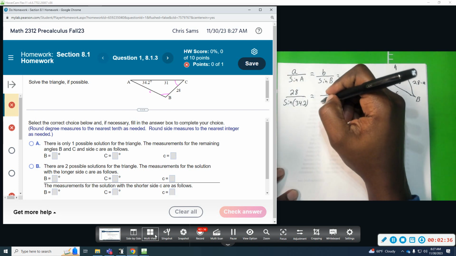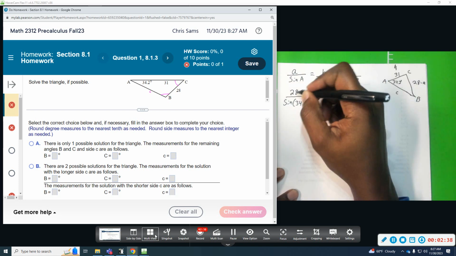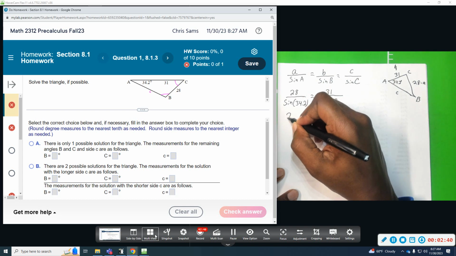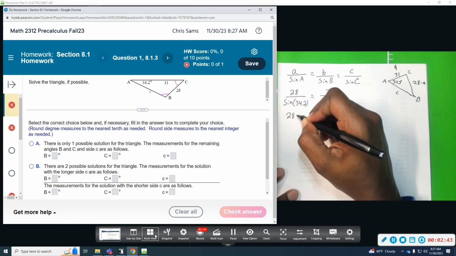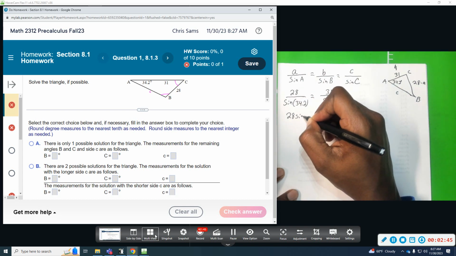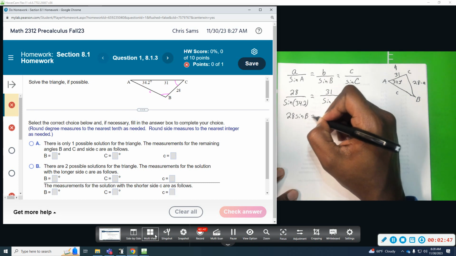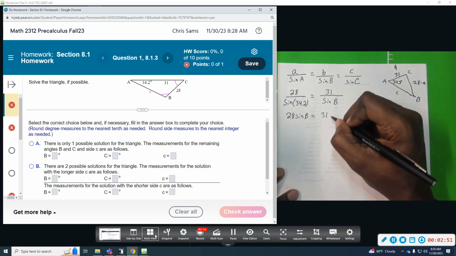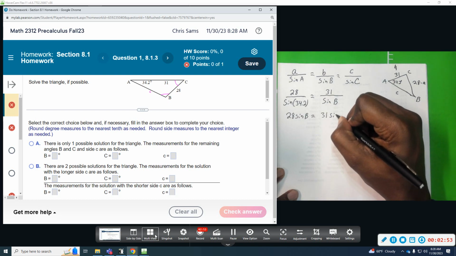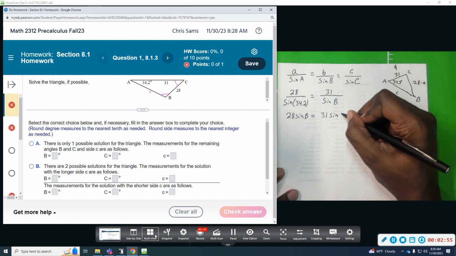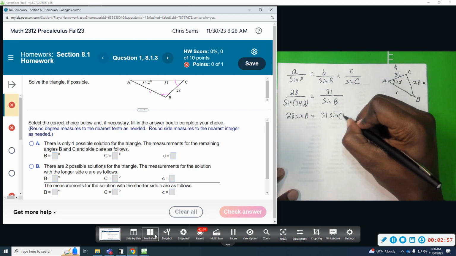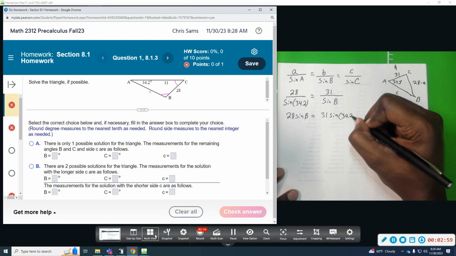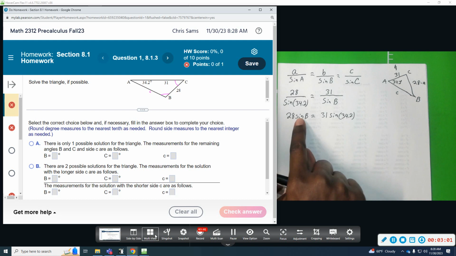So if I cross multiply these two, I will get 28 times sine of angle B. That will be equal to 31 times sine of 34.2. Okay, and then to get sine B by itself, I have to divide by 28.